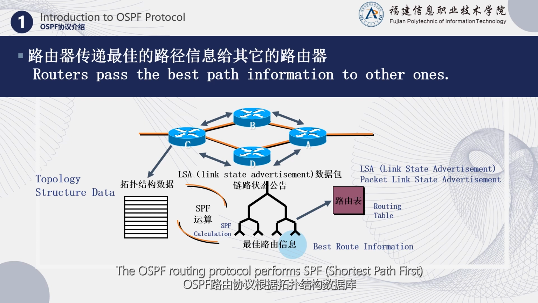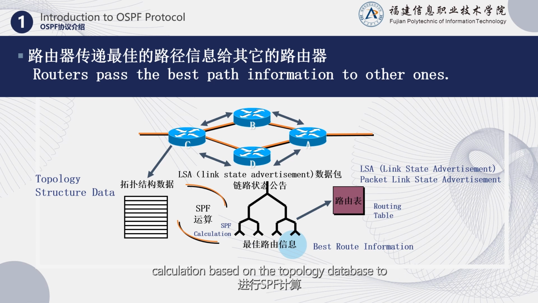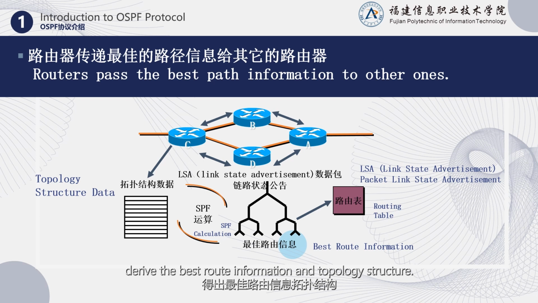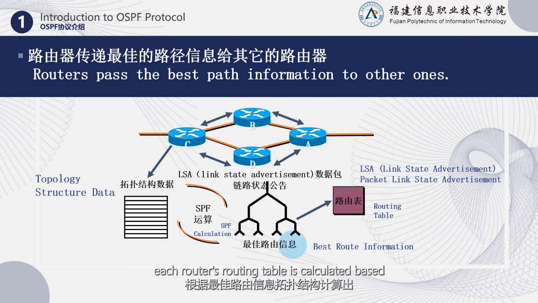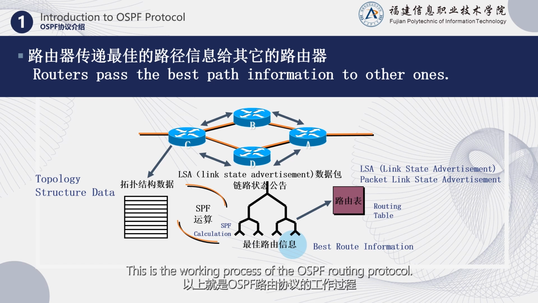The OSPF routing protocol performs SPF, shortest path first, calculation based on the topology database to derive the best route information and topology structure. Finally, each router's routing table is calculated based on the best route information and topology structure. This is the working process of the OSPF routing protocol.